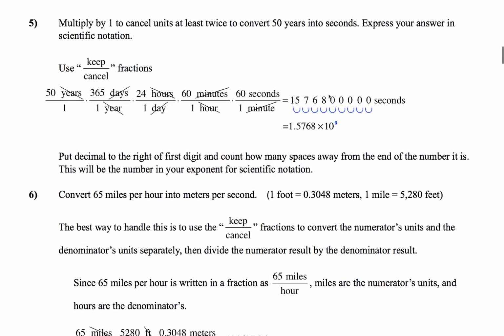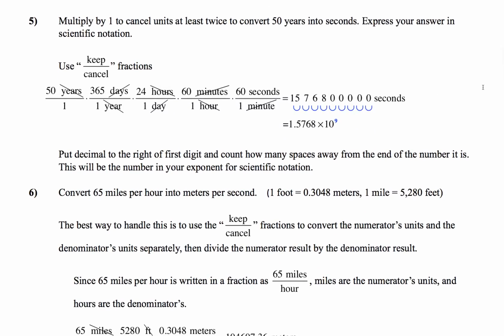Alright, now in the next question we're asked to do another conversion, converting one unit to another again, but this time it's not one single conversion. There are several conversions. You're converting years to seconds.